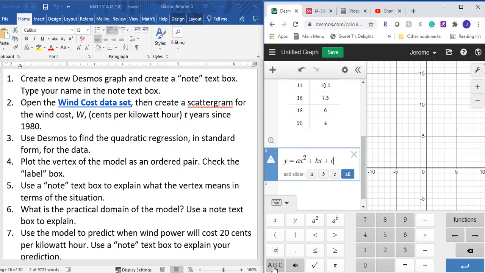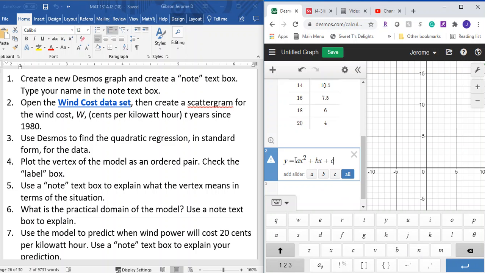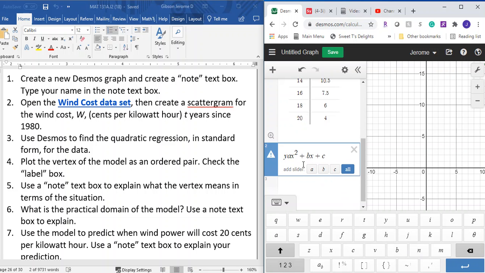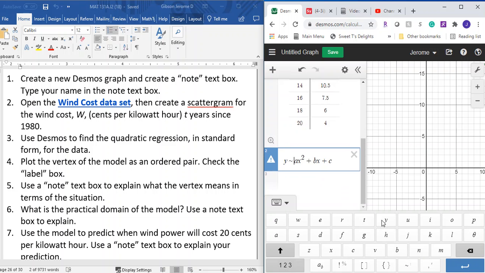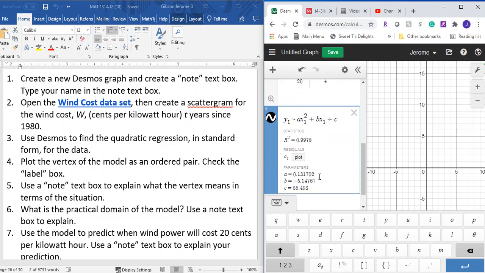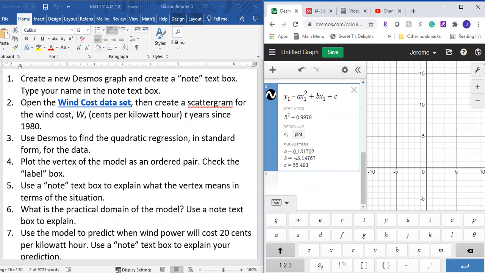So the first thing we have to do, we're going to have to get rid of this equal sign and put the tilde in its place. We're going to have to make this y, y1. And this x, we have to make it x1. This bx, we have to make that bx1. Now here, we have our values for our equation.